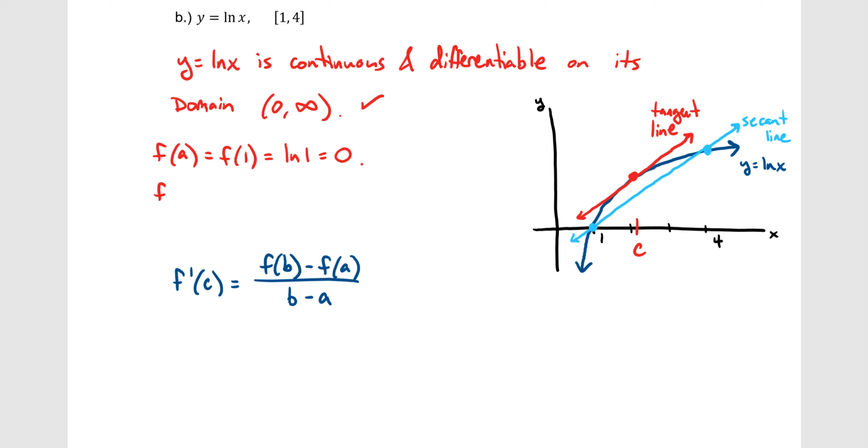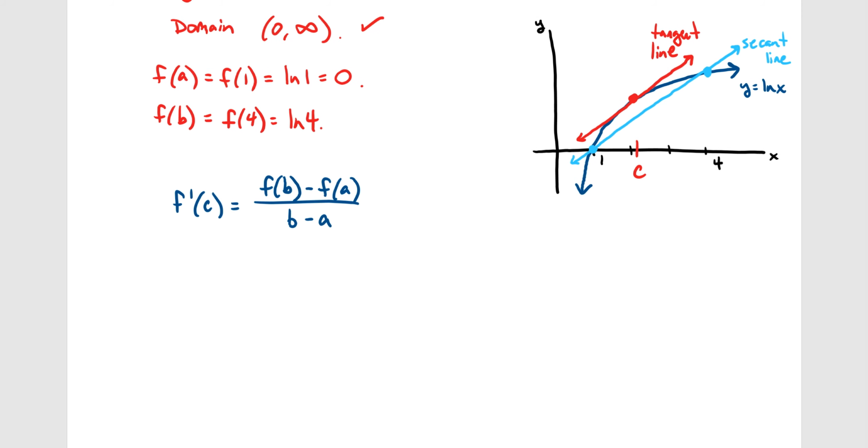And f of B is the other endpoint, which is f of 4. And we get the ln of 4. So I'm just going to leave it as the ln of 4. Typically, if we have something like an exponential or an ln, you just leave it alone unless it simplifies nicely.